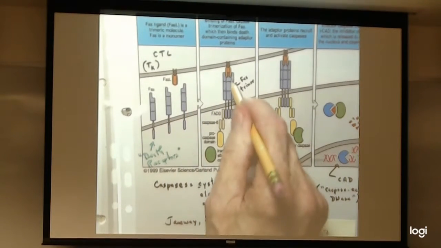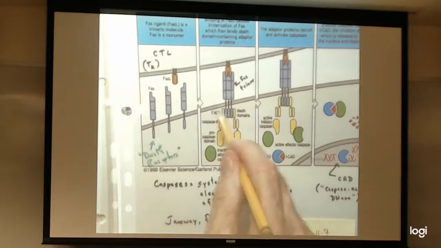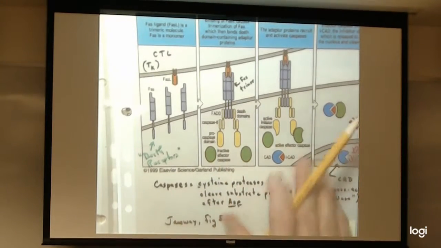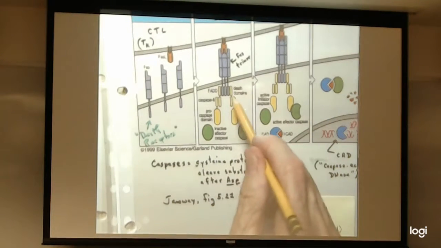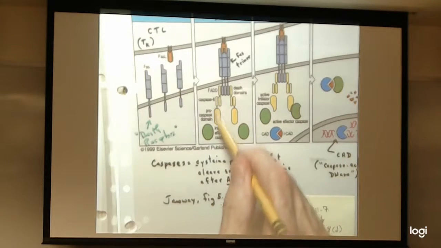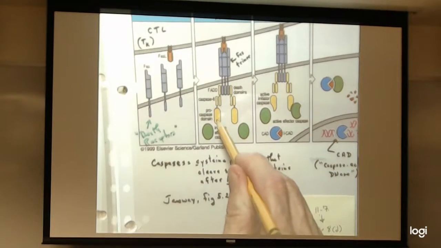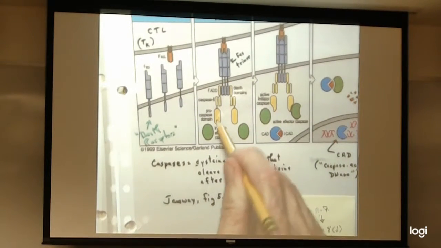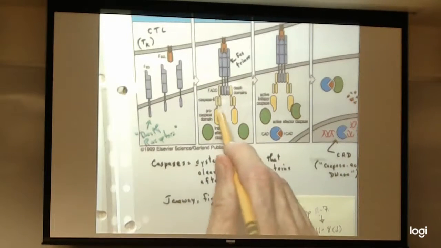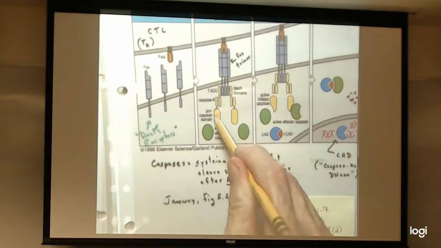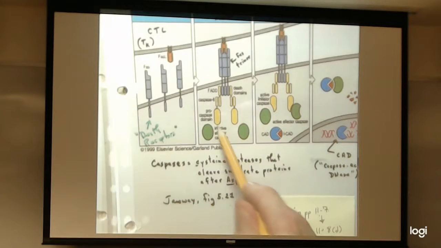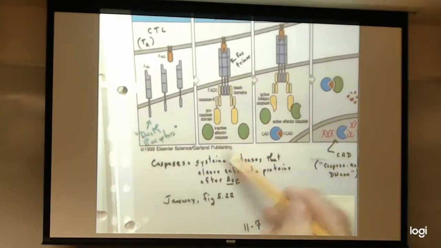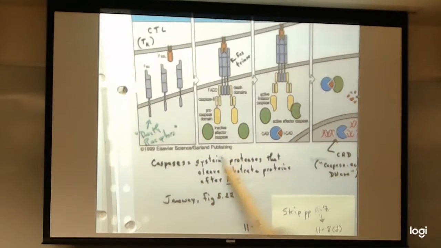Having trimerized Fas, we then recruit adapter proteins and so forth, and then we recruit an initiator caspase called caspase 8, in yellow here, and caspase 8 will act on little slave caspases downstream. Here's an inactive effector caspase.